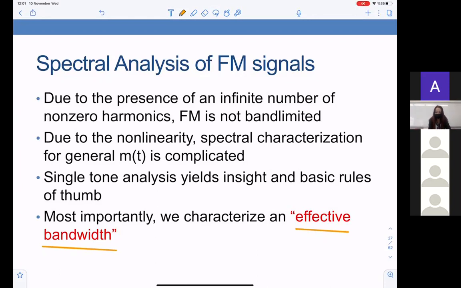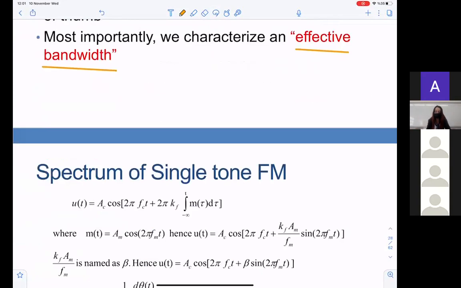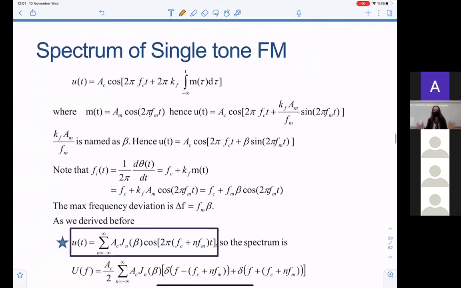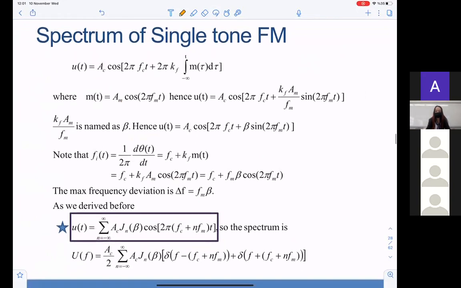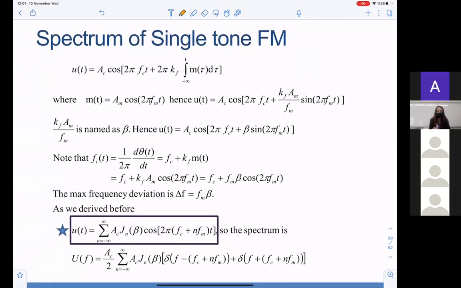So for general FM, the spectral analysis is very complicated, but for M of t equal to a sinusoid, we have this analysis in terms of the Bessel functions, which helps us understand the case for general M of t. Now let's look at the spectrum a little bit more.